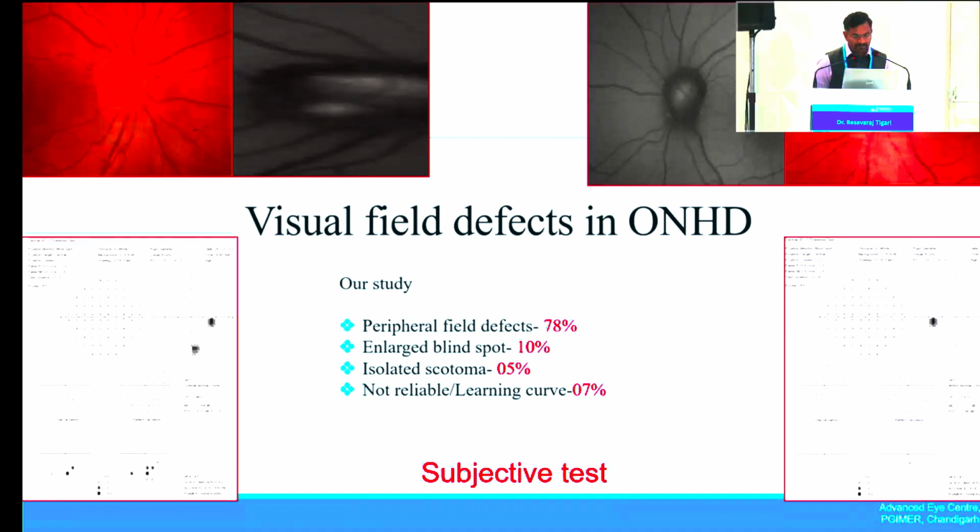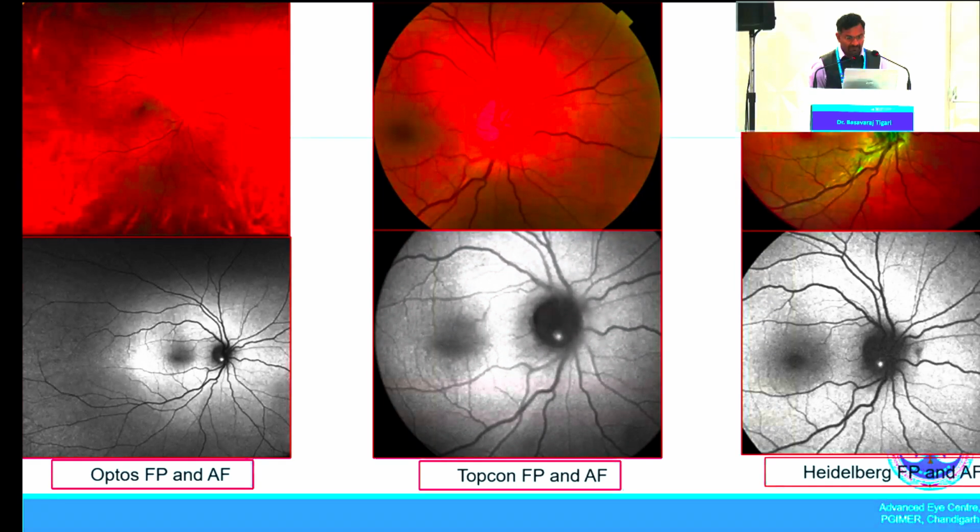87% of patients with optic nerve drusen have been described to have visual field defects. In our study, about 78% of patients had peripheral visual field defects, while 10% had an enlarged blind spot, and 5% had an isolated scotoma. Different platforms are available as a part of multimodal imaging for fundus imaging.